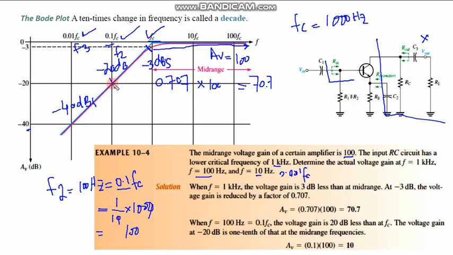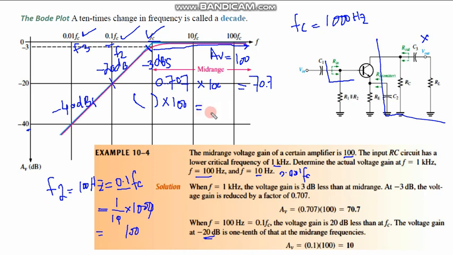What about this one? This corresponds to minus 20 dB. What should this ratio be, so that when you multiply with 100 you get a further decrease?